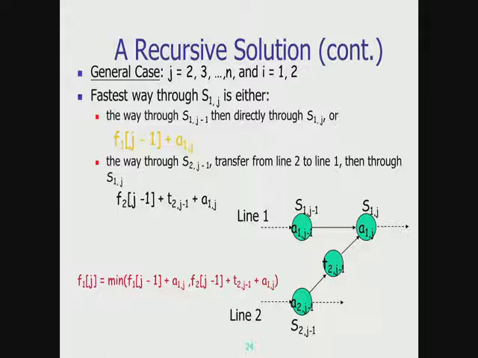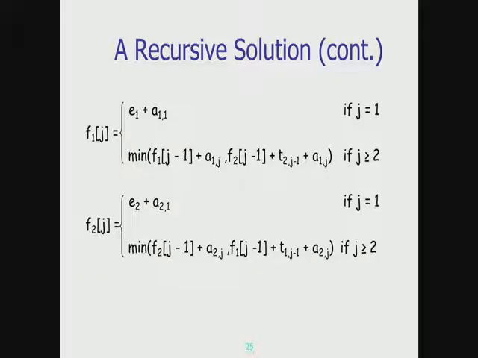Observe that this is a recursive specification of F1 of j. The recursive specification of F2 of j is also similar, and this basically tells us the recursive solution of interest for every station on each of the two lines.